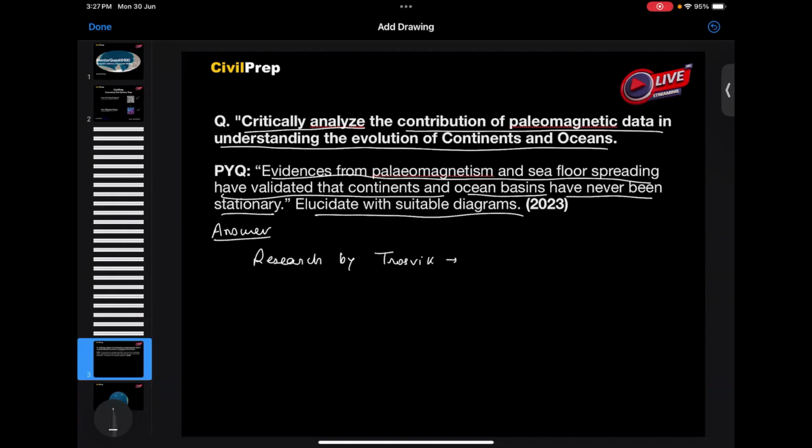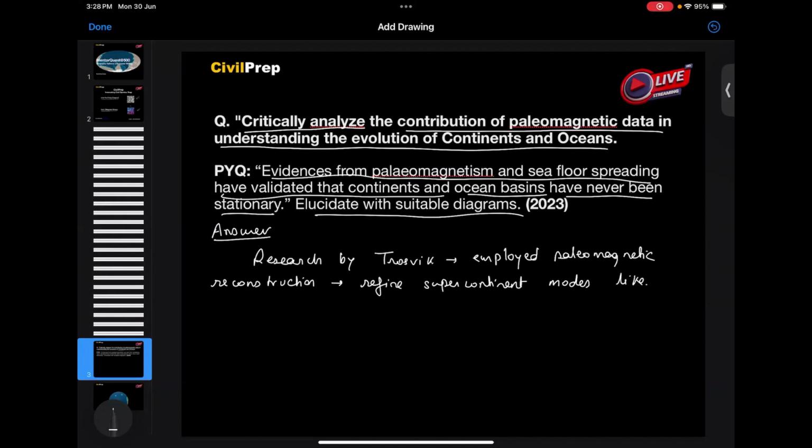He has employed paleomagnetic reconstruction to refine supercontinent models like Rodinia and Pangea.